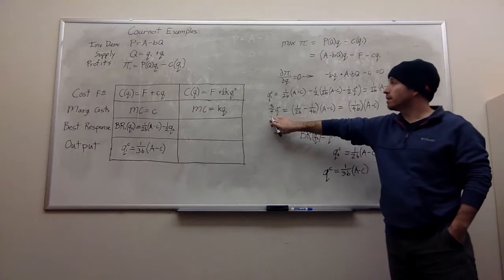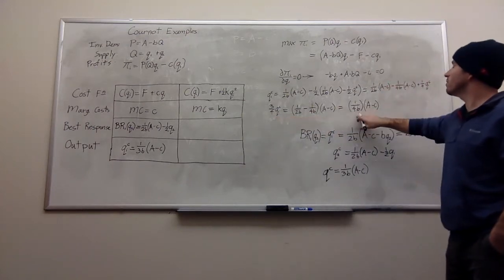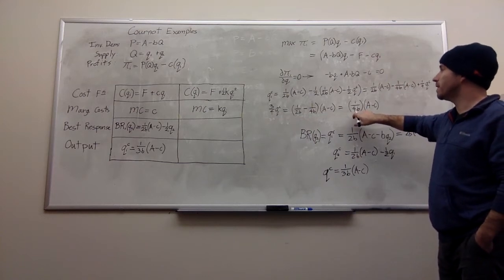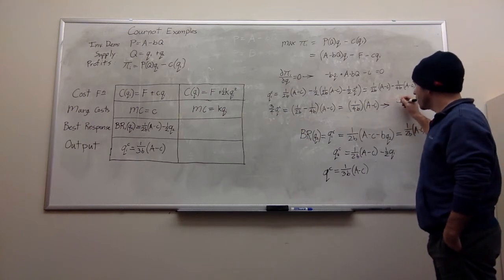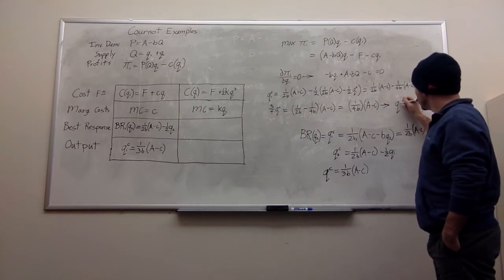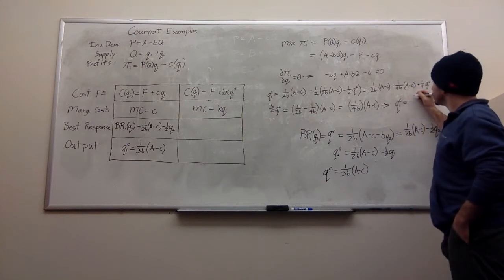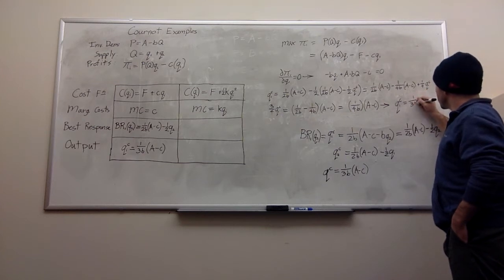Now note, I just multiply through by 4/3, and I'm going to cancel out that 4 down there and replace it with a 3. So I get Q1C is equal to 1 over 3b (a minus c).